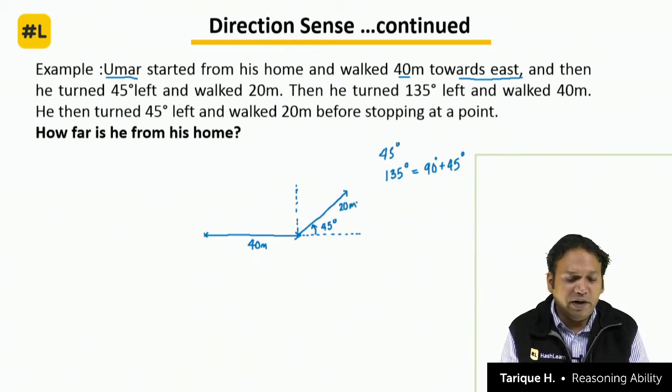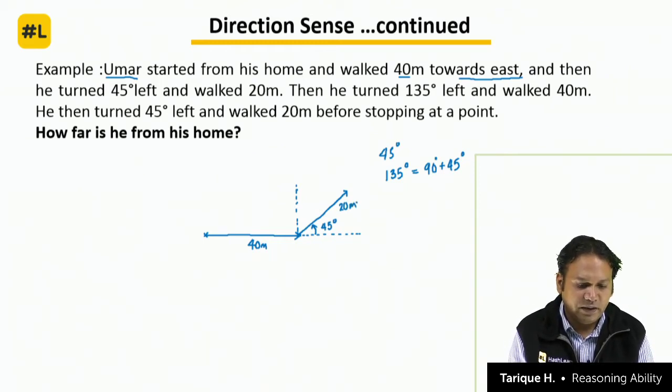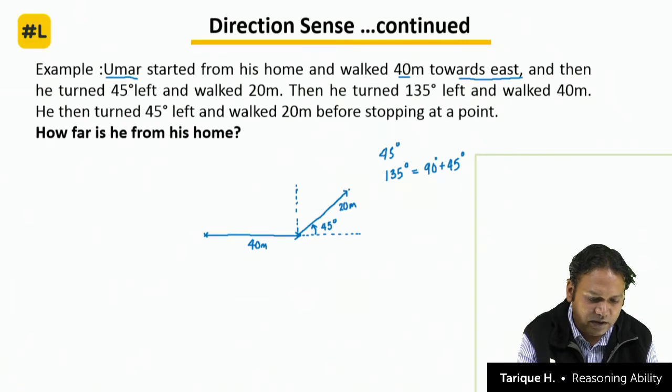Then he turned 135 degrees left, right. So again you see here, he is going in this direction. From this direction, we draw a line like this. This angle would be 45 degrees.